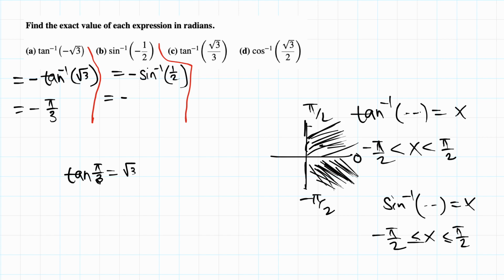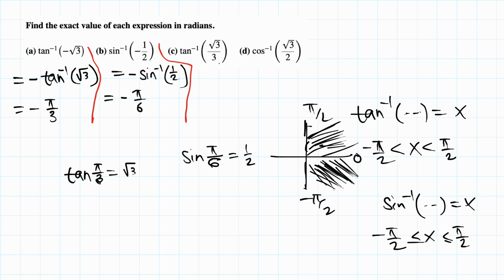Not in tangent inverse, but in sine inverse. Okay, sine inverse of 1/2. We know that sine of which angle is 1/2? Sine of 30. Sine of 30 is 1/2. Sine pi over 6 is 1/2 from the unit circle. That means sine inverse of 1/2 is pi over 6.